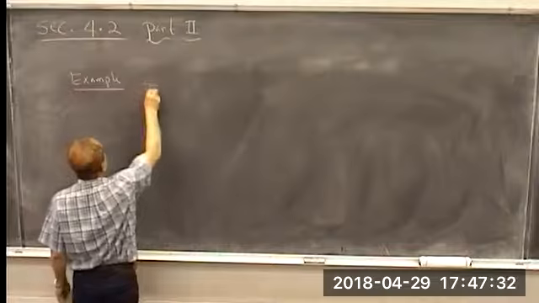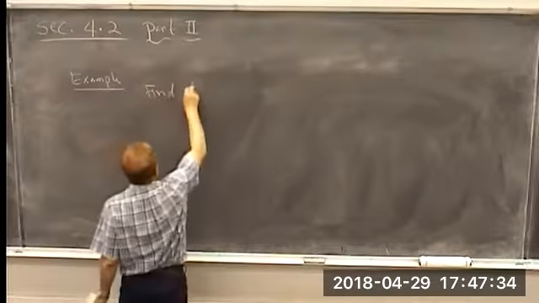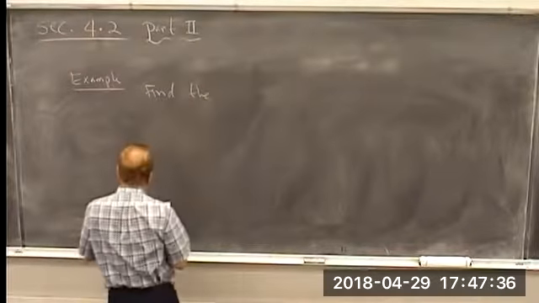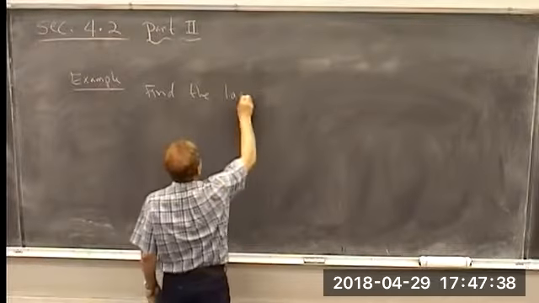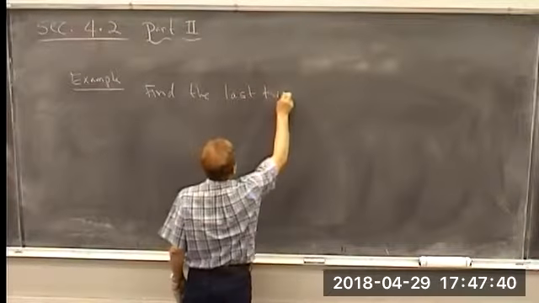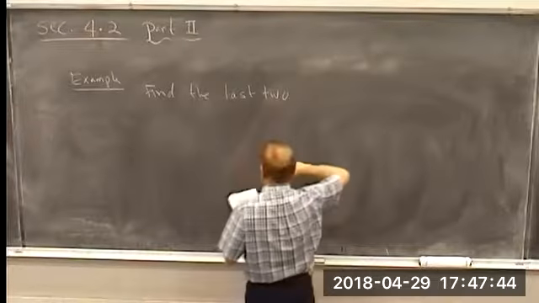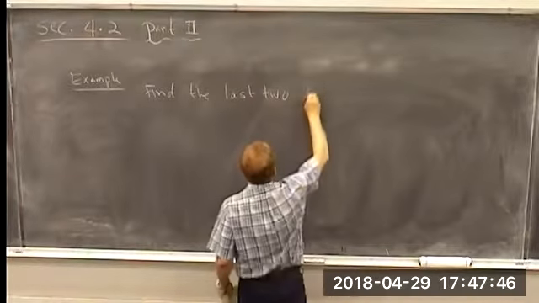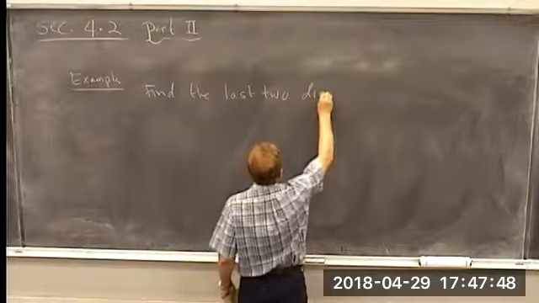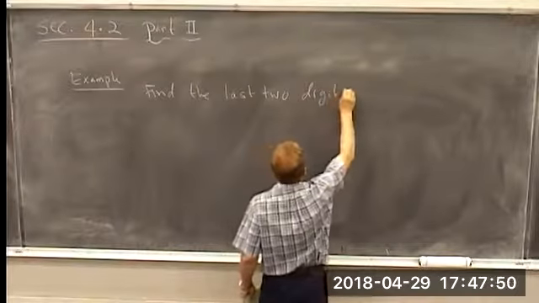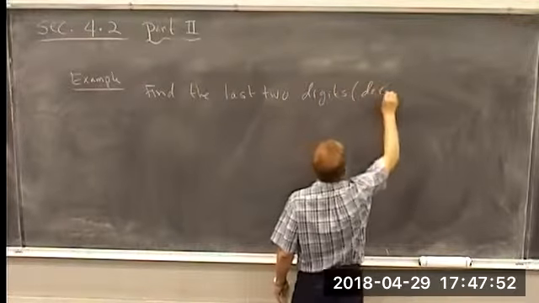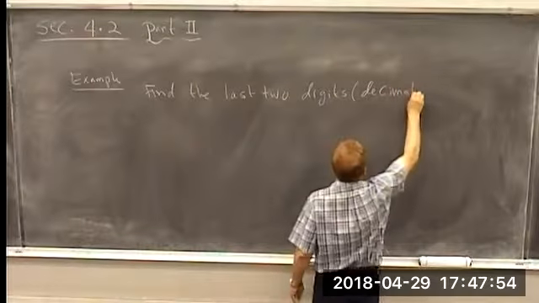We need to find the last 2 digits, and you can modify this to 3 digits, 1 digit, and so on. The last 2 digits, in decimal.